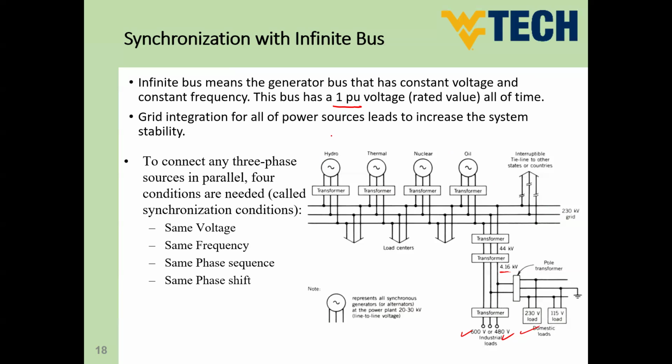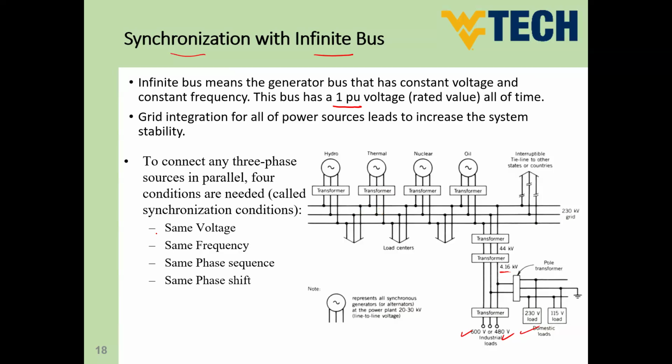So this is the definition of the infinite bus. Now, what is the meaning of synchronization? We discussed the infinite bus meaning now. You know, guys, in order to connect a generator to the grid or to the infinite bus, you should fulfill some conditions. What are these conditions?